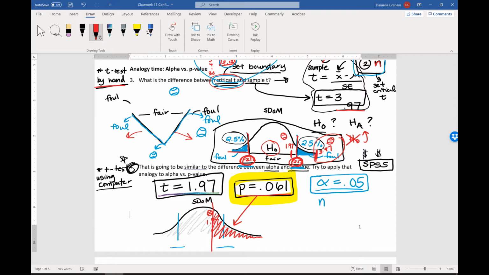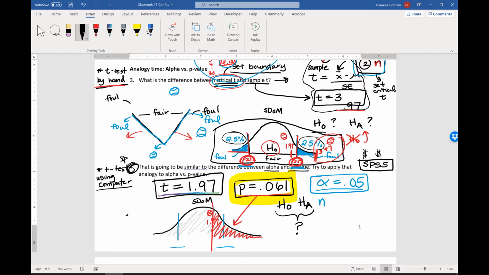So then based on that probability, we need to make the decision, okay, does that mean fair or foul? Are we going to keep the null hypothesis, or are we going to reject it and go with the alternative? This, again, is still the question that we want to answer.